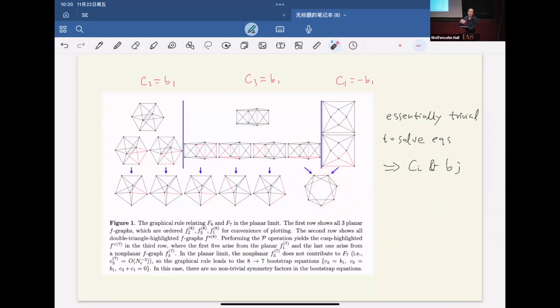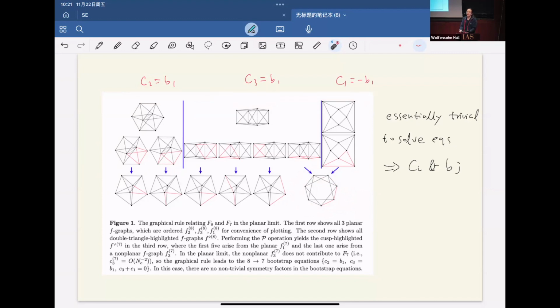You start with a planar graph, but after the pinching, you reach a non-planar graph, which has coefficient 0. So it's just saying C3 and C1 add up to 0. So this is the equation for the three-loop case, which tells you that once you know the 2-loop coefficient, which is normalized to 1, the 3 coefficients of 3 loops are fixed to be 1, 1, and -1.